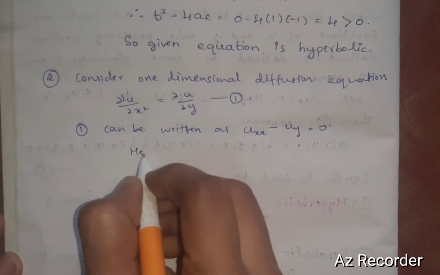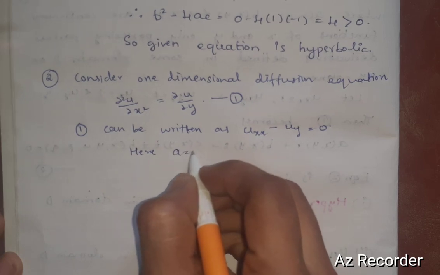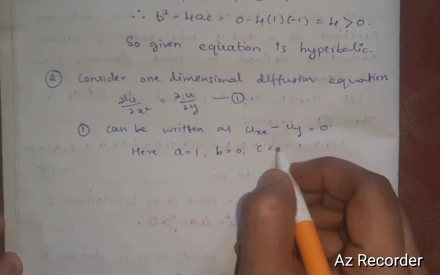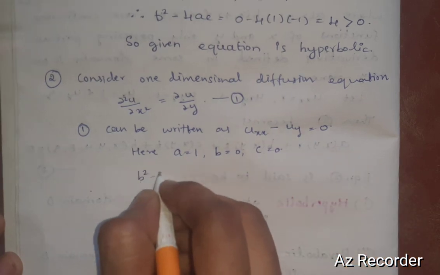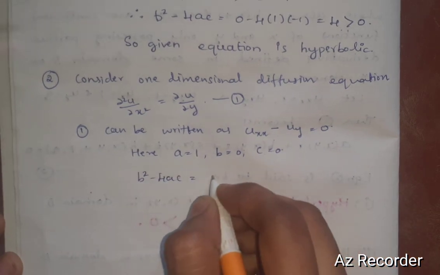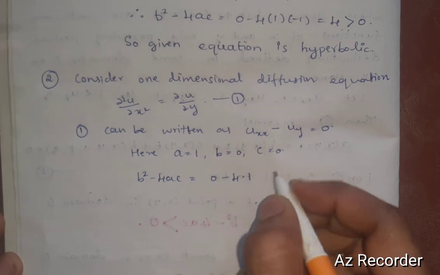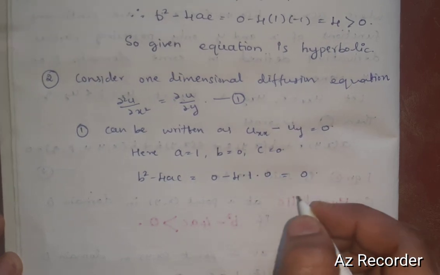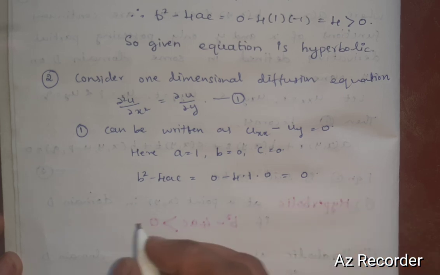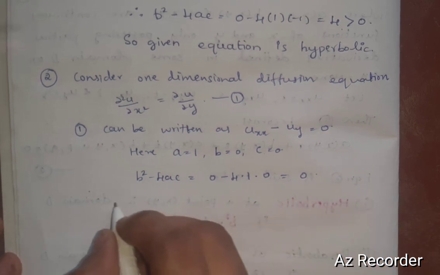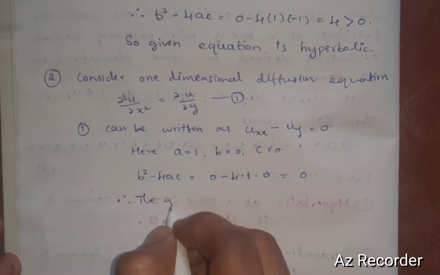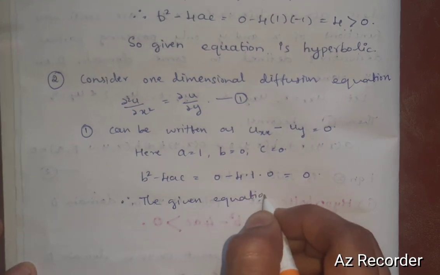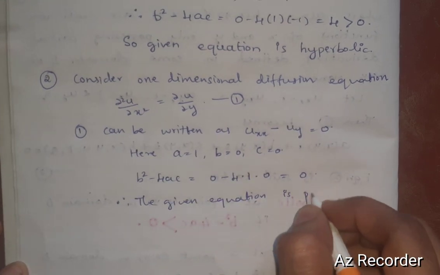So here a is equal to 1, b is equal to 0, c equal to 0. Now b square minus 4ac you will get 0 minus 4 into 1 into 0. So you will get it is 0. Hence the given equation has b square minus 4ac equal to 0. Therefore the given equation is parabolic.